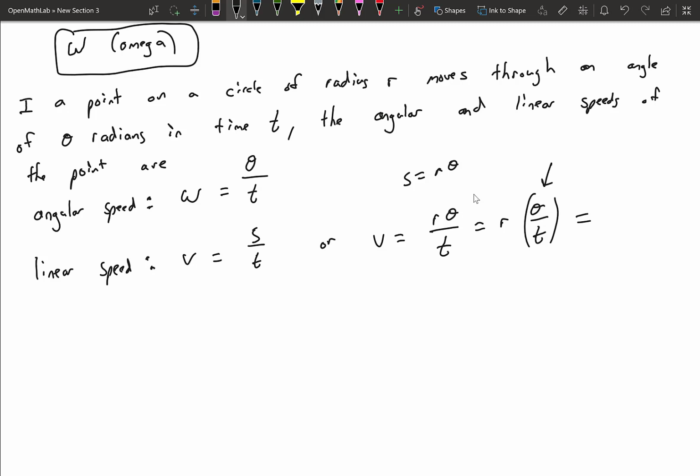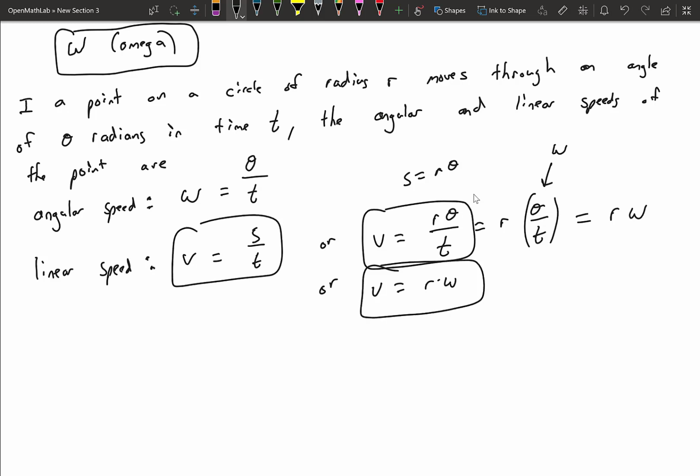So this would be equal to r times omega. So we get that v equals r times omega, the angular speed. So we have three different equations that we can think about linear speed in terms of.